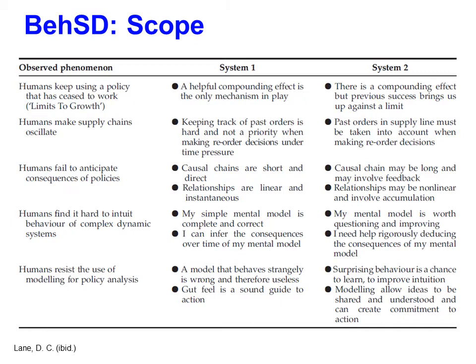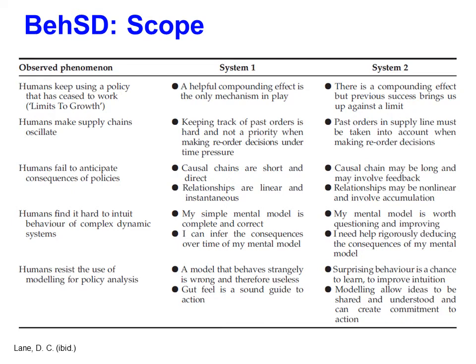We need to remember the supply line. And of course we in system dynamics know that it's the fact that the weight on the supply line isn't 1 that is a significant reason why you get supply chain oscillations. And there's a string of phenomena here that can be explained using the S1, S2 approach, and you can see it gets grander and grander in scale as you go down the page.